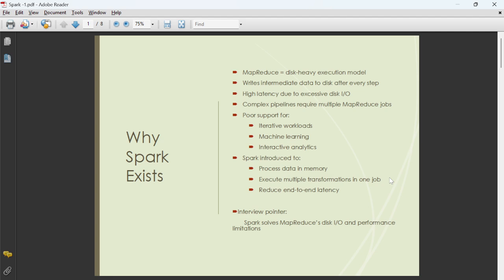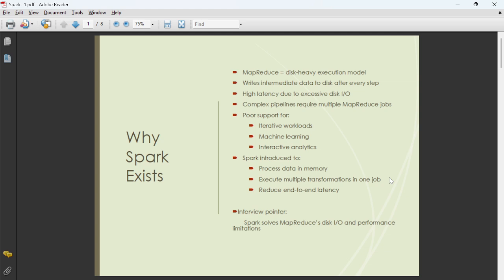Now imagine a real-time pipeline. Filter data, aggregate, join, transform, and then aggregate again. In MapReduce, this means multiple jobs, and every job reads from disk and writes back to disk.